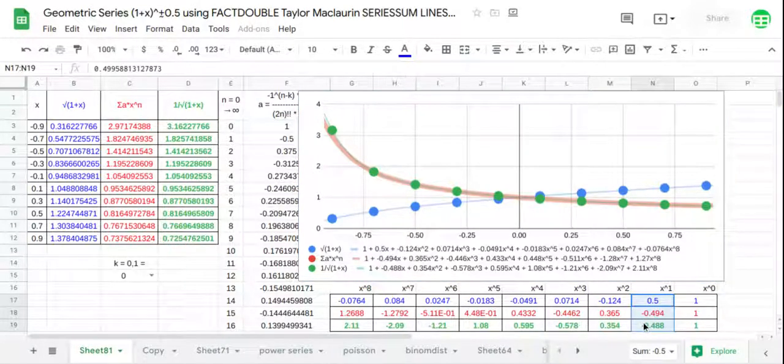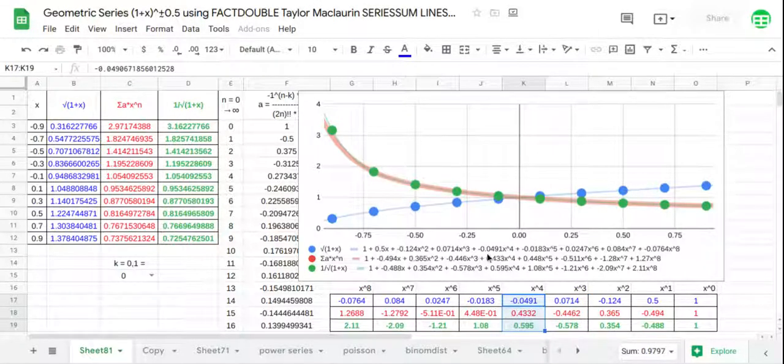And for coefficient of x, it is 0.5, minus 0.494, minus 0.488. Coefficient of x squared, minus 0.21, minus 0.124, 0.365, 0.354. Coefficient of x cubed, 0.0714, minus 0.446, minus 0.578.